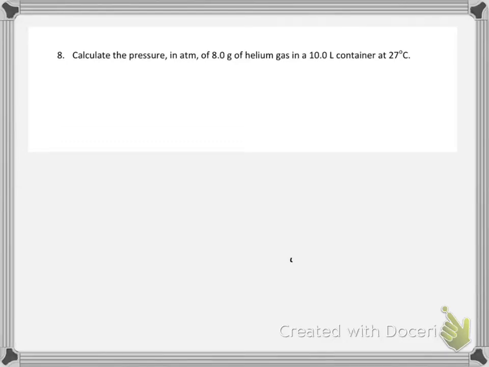All right, so this is another gas law problem. It says calculate the pressure, in atmospheres, of 8 grams of helium gas in a 10-liter container. So they didn't give me the moles here.